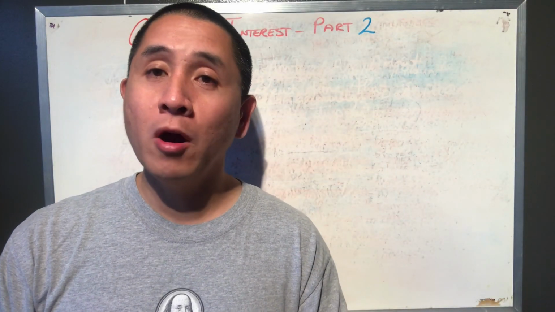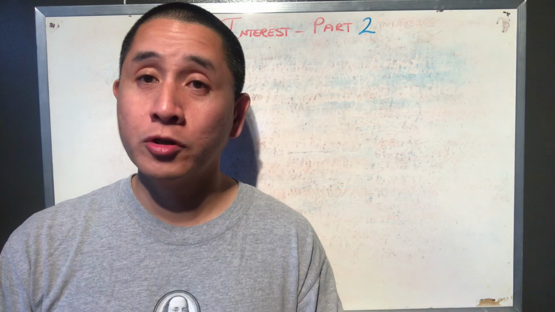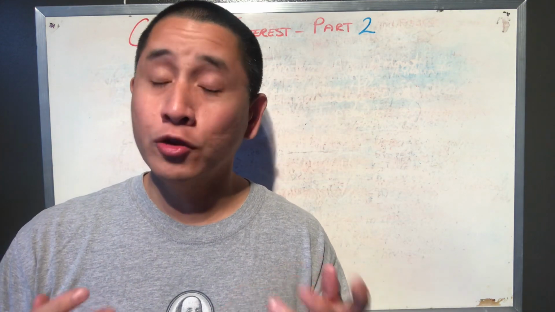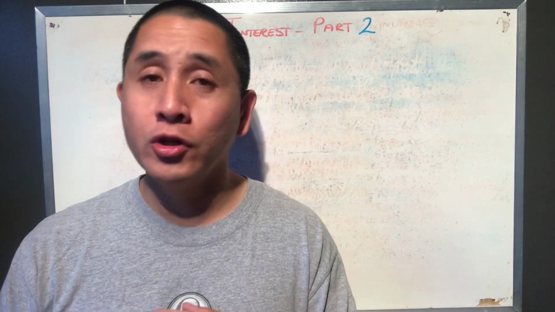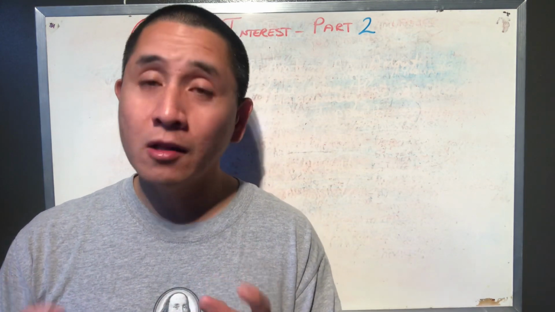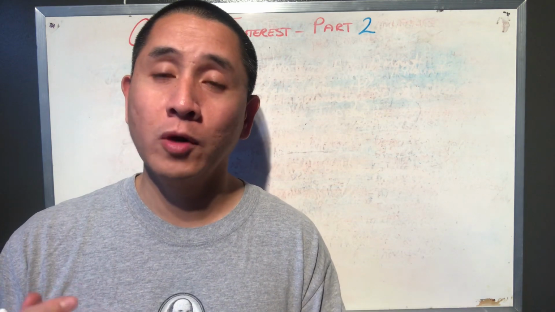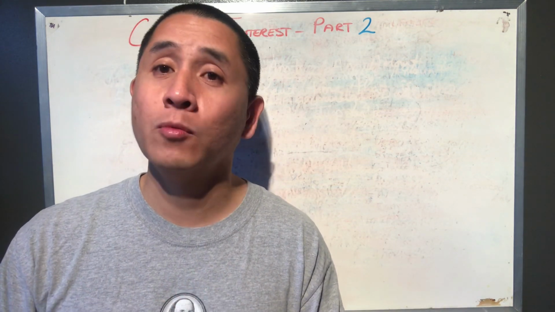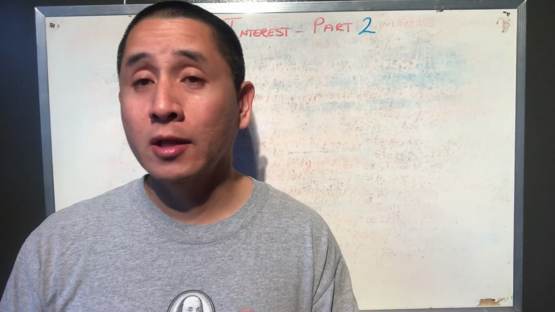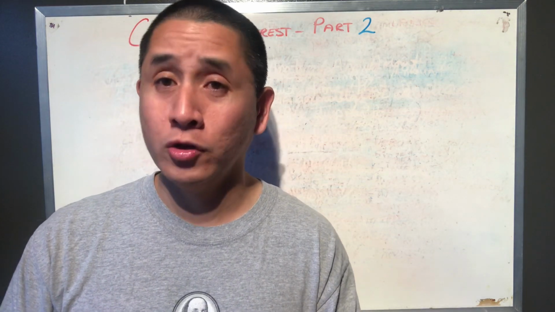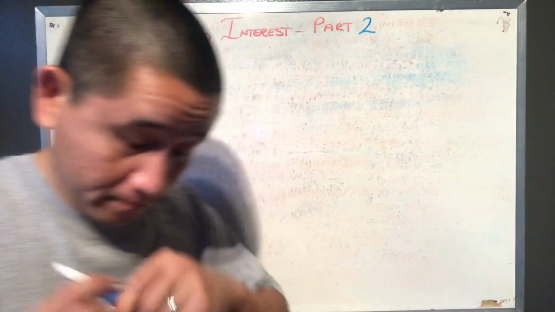So in part one of part two, I was dealing with compounding interest with regards to present value and future value of a single amount. In this particular tutorial, we're going to be dealing with what an annuity is, and we'll calculate a numerical example of what future value and present value of an annuity would be.